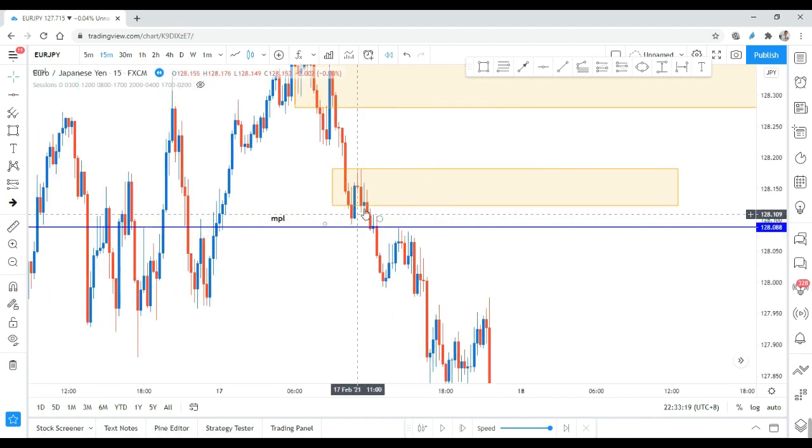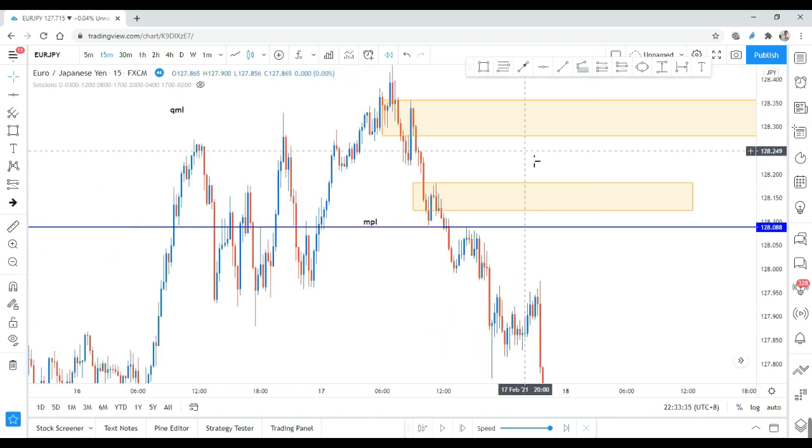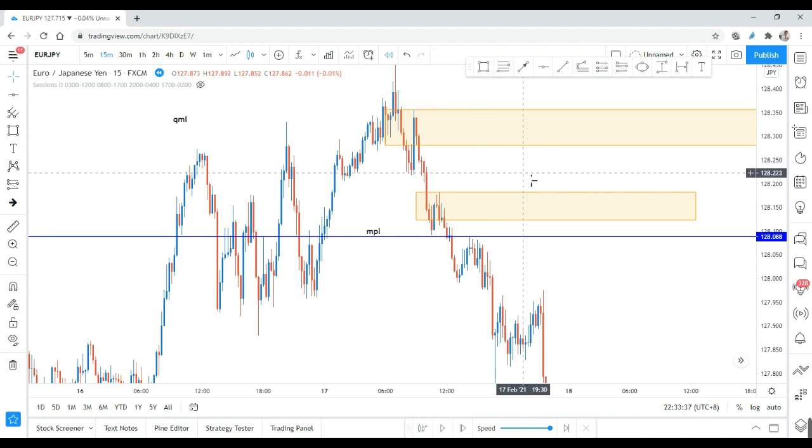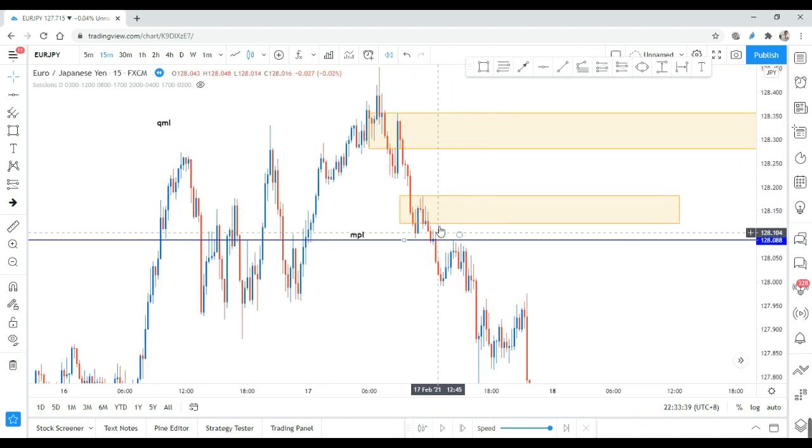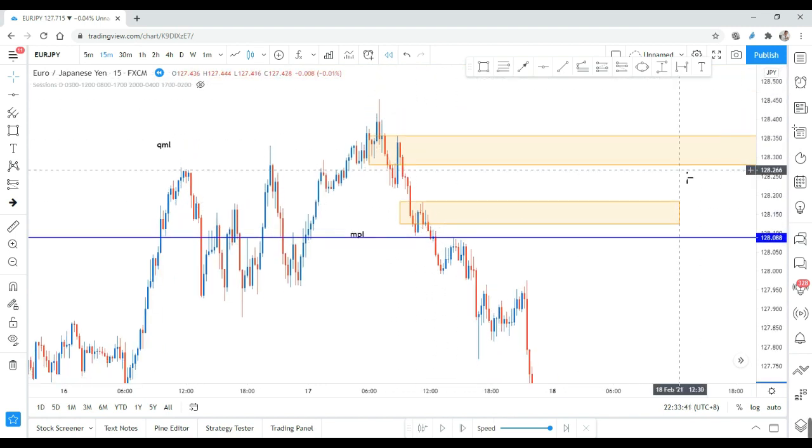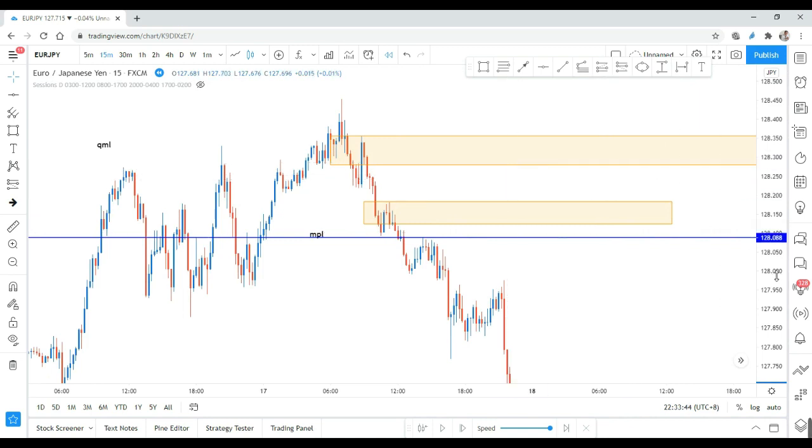You can see that this zone is very nice, because even in the small time frame there is a fresh demand and fresh supply zone over here. When I switch to the small time frame, along this line, is there any more fresh supply zone?